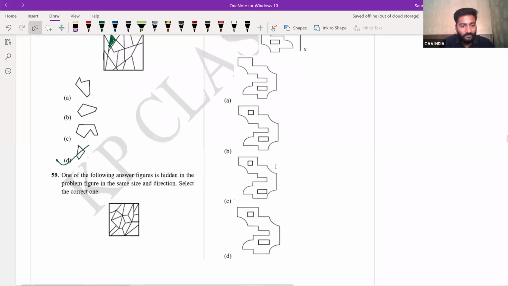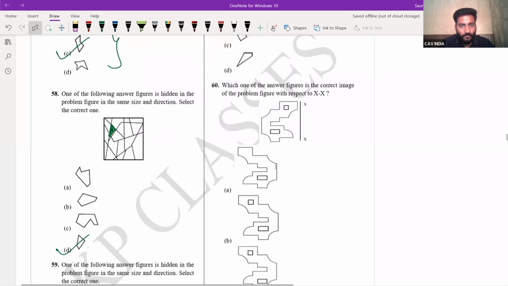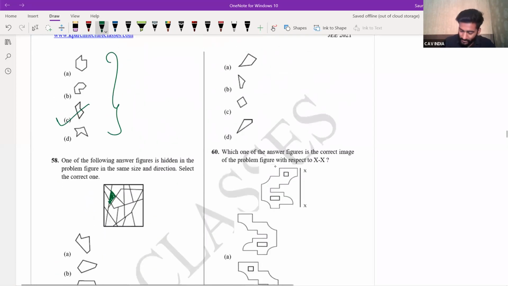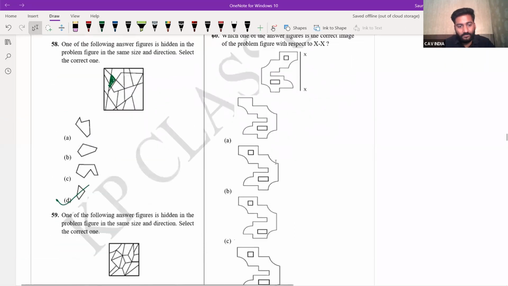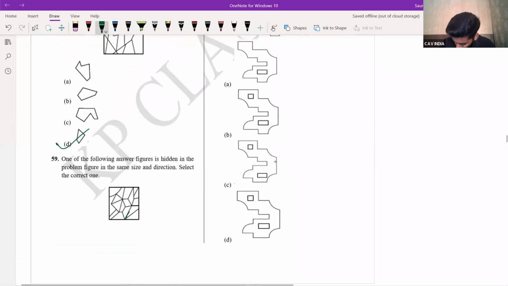And similar to that, we have 59 with all these options, and actually option D is present in it somewhere here. So these are the easier part. Try to get the right answer in such questions.